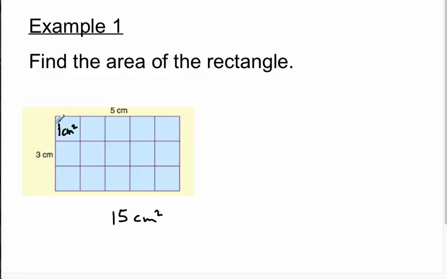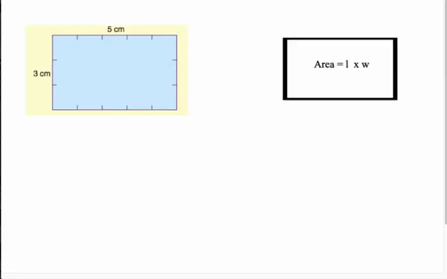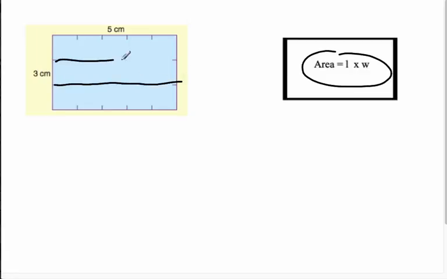And you can notice also that to get the answer here, you could just do 3 times 5, which equals 15 square centimeters. So that gives rise to the formula for the area of a rectangle being length times width. You can just multiply the length times the width of a rectangle and you'll get the number of squares contained within the rectangle.